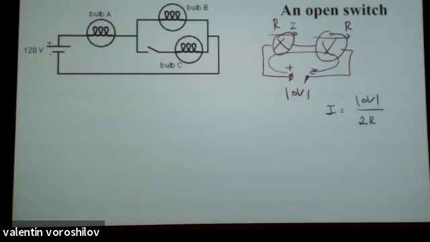And if I want to calculate the power of the bulb A or the power of the bulb B, because in this situation power should be the same, what should I do? Well, I should choose the best, the easiest relationship. And for that I would use voltage and resistance.